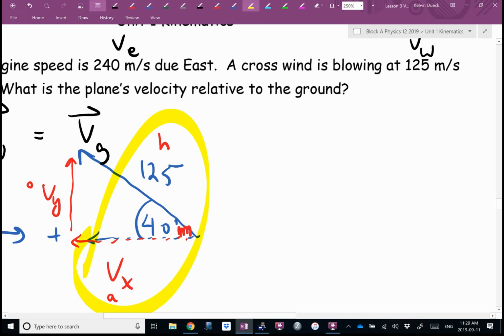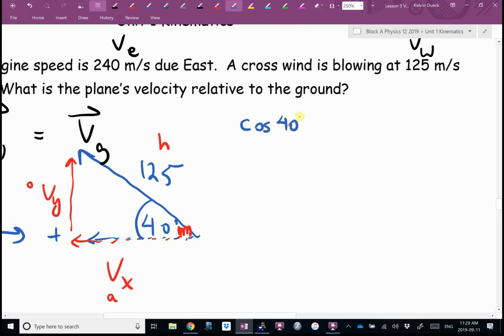Yeah, A and H. Good, Captain Obvious. Which trig function? Cos. So it's going to be cos, what always goes next to the trig function, the angle, equals adjacent over hypotenuse. I've seen this dance before. It's going to be 125 cos 40.